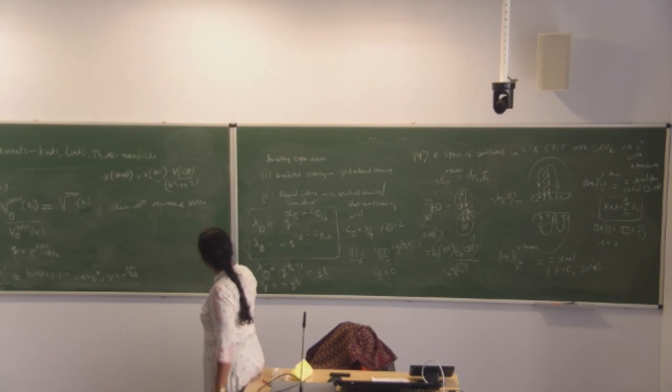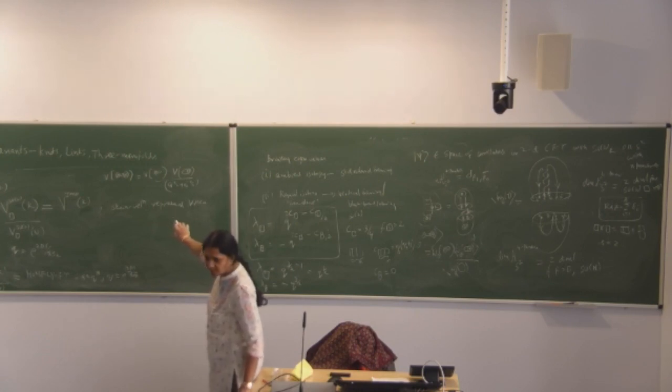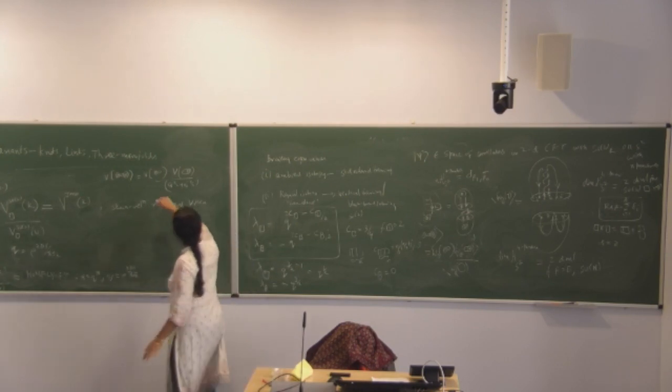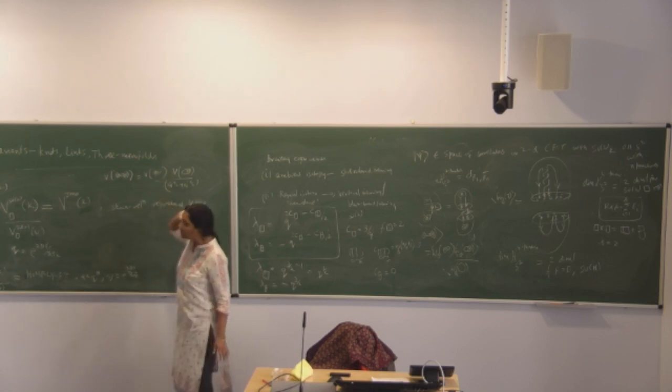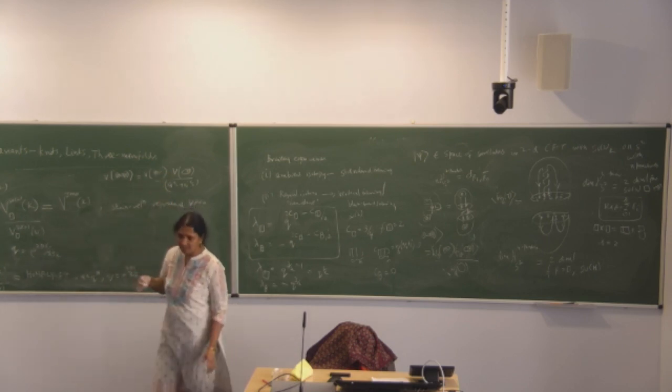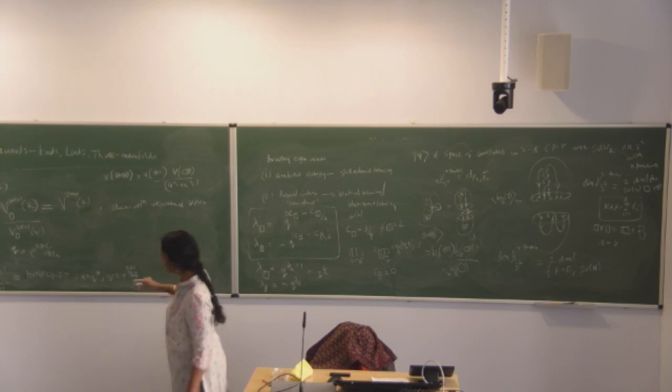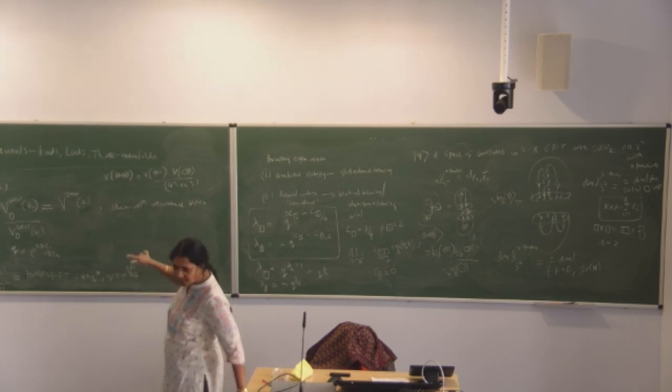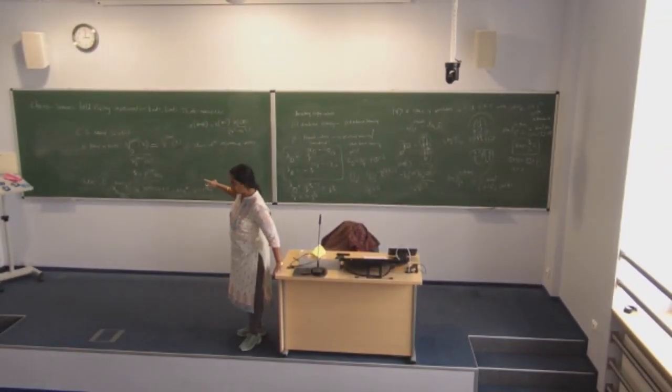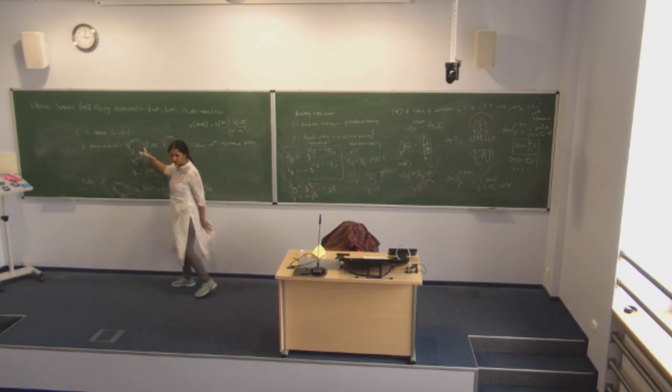Connected sum has nothing to do with links or knots. Whatever I am saying here, this piece could have been a link also. Yeah, I mean multicolored. For links you'll show tomorrow. Multicolored, yeah, different representations. I will mention it. Let me first do the direct evaluation for this simple case. But whatever I have said here, it's not only this. If I put both the representations on the two component link as fundamental, this is also true.